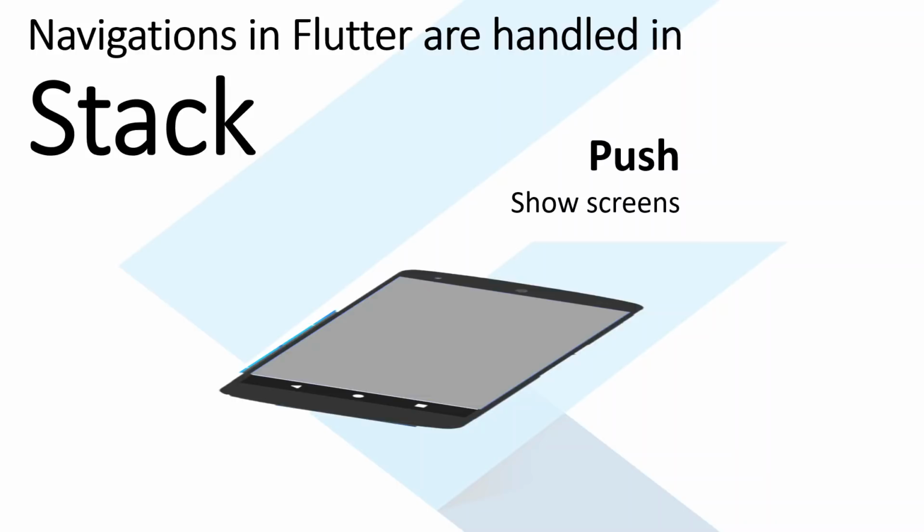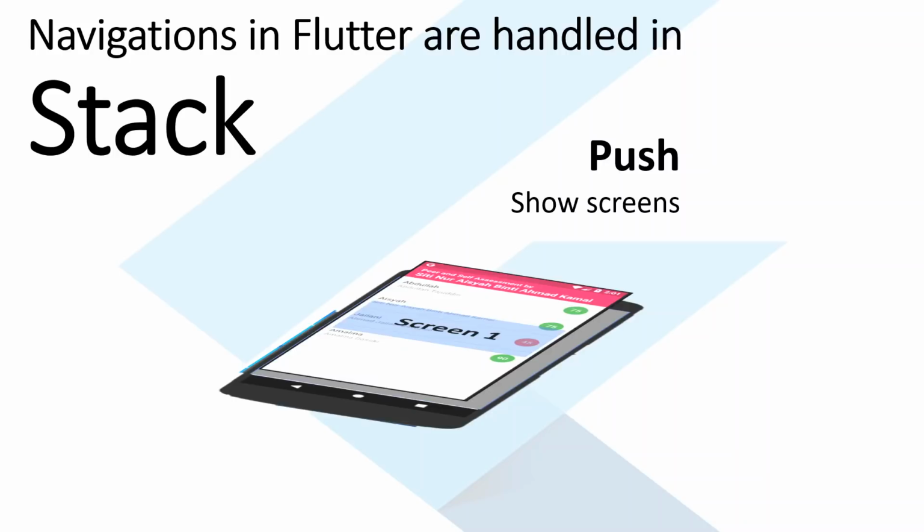Initially, there is no screen on the device, and then when you start running, the first or the home screen will show up on the screen, and then the way Flutter shows this screen is basically we need to push. Okay, this is one of the operations from the stack data structure, to push the screen.